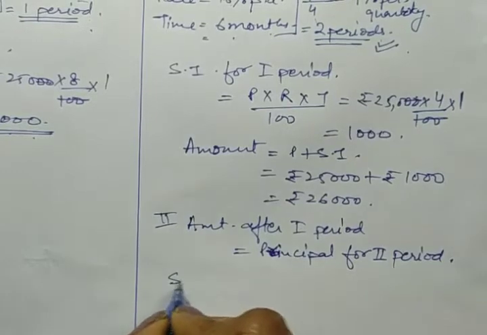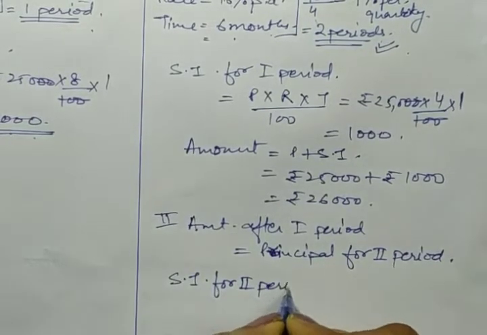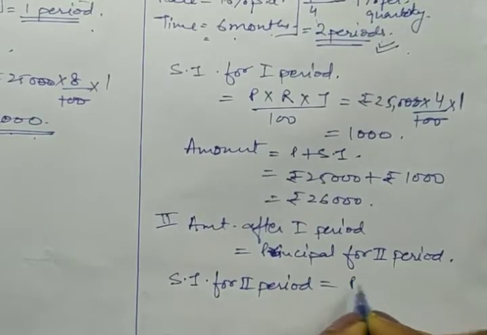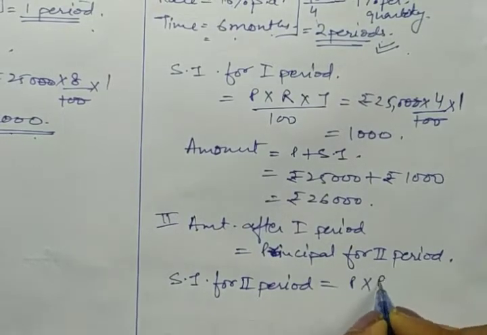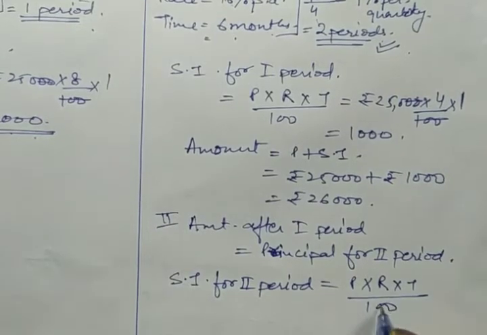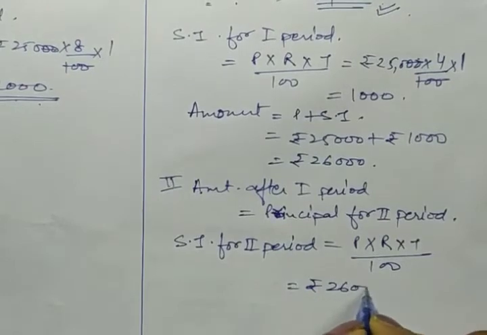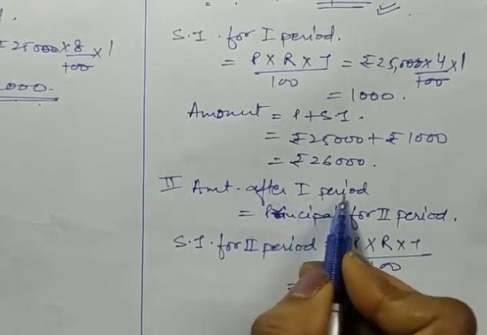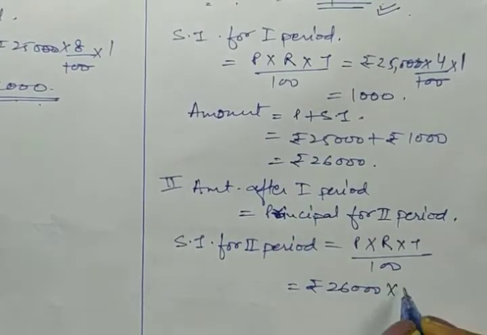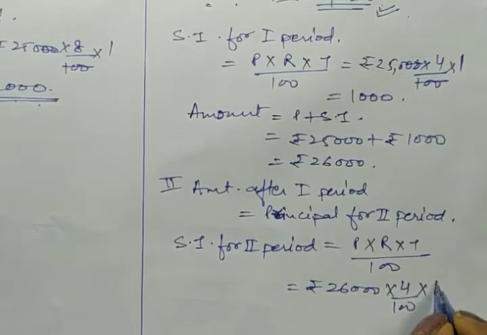So simple interest for second period formula will be same, that is principal into rate of interest into time period divided by 100. Principal rupees 26,000, that is amount after first period, into rate, that is 4% per quarterly, divided by 100 into 1.